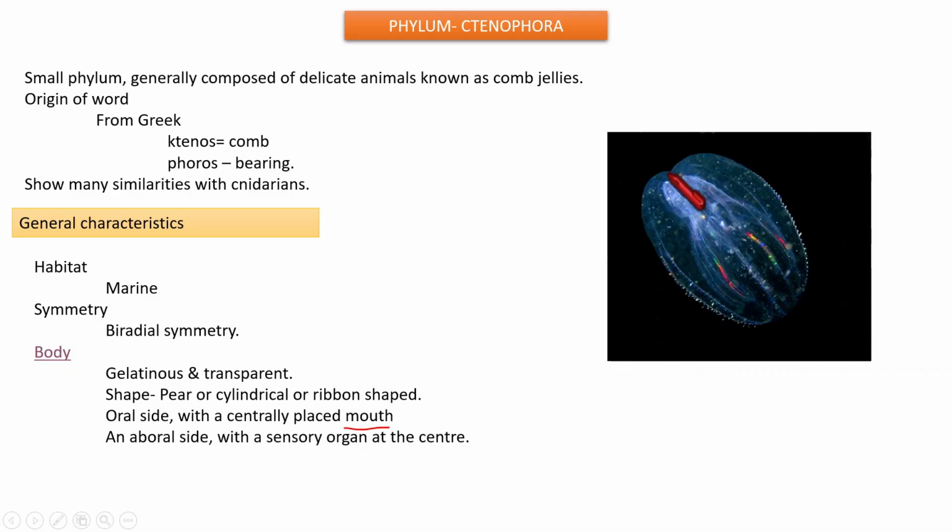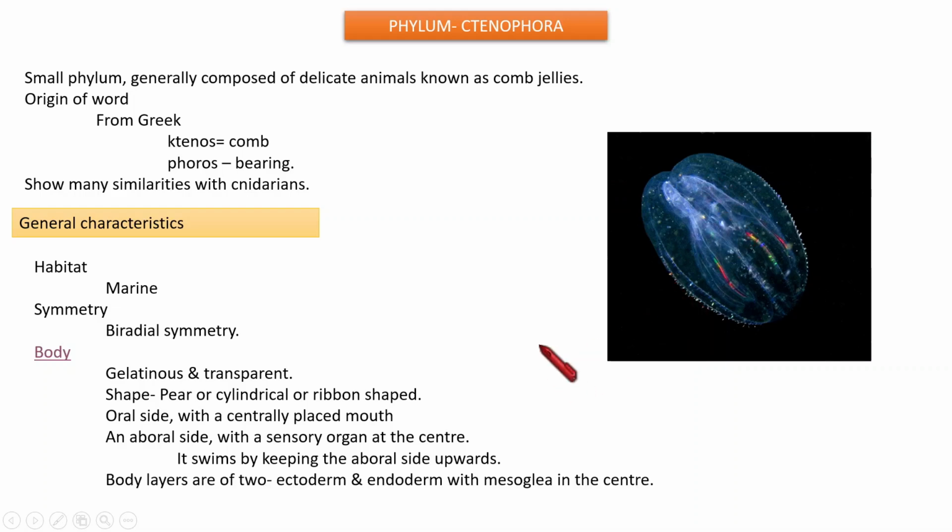And at the aboral side, they present a sensory organ, the statocyst. It is present somewhere here. And it swims. How does it swim? By always keeping its oral side down and aboral side upwards. In that orientation, it swims.